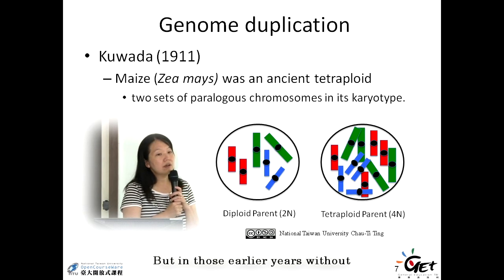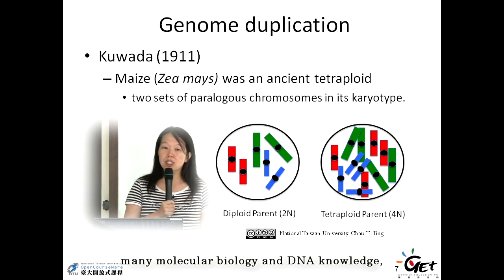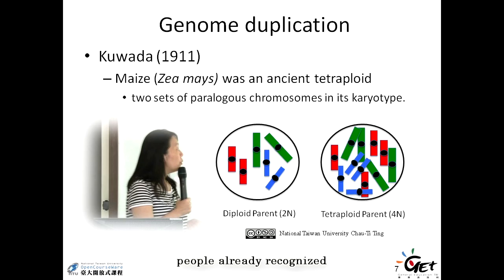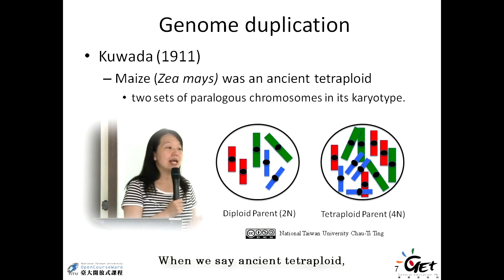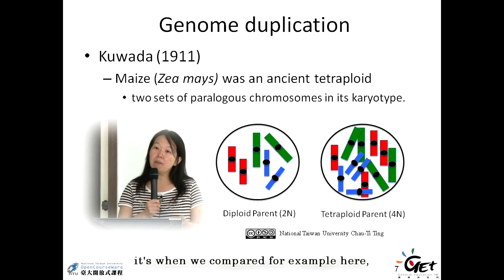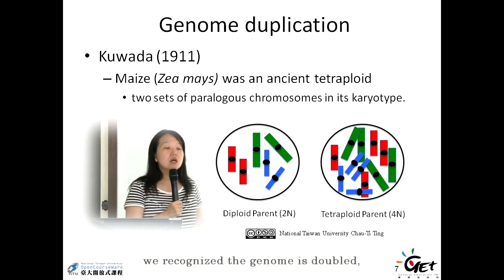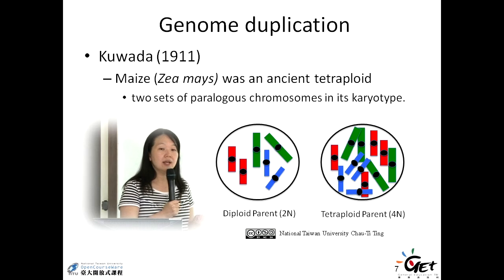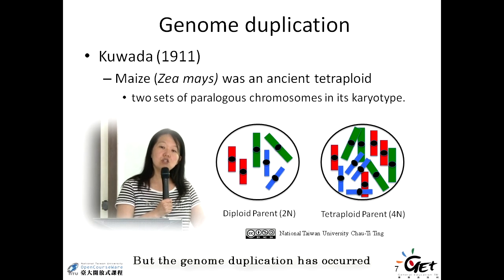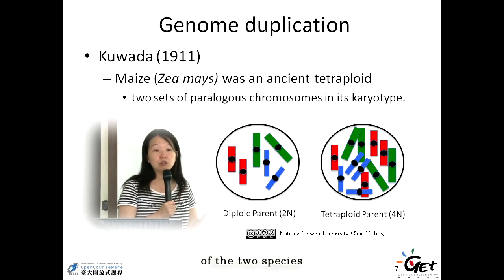But in those early years, without much molecular biology and DNA knowledge, people already recognized plant species as sort of ancient tetraploids. When we say ancient tetraploid, it is when we compare, for example here, maize with its closely related species, we recognize the genome is doubled, so we say it's a tetraploid, but the genome duplication occurred a long time ago during the separation of the two species.